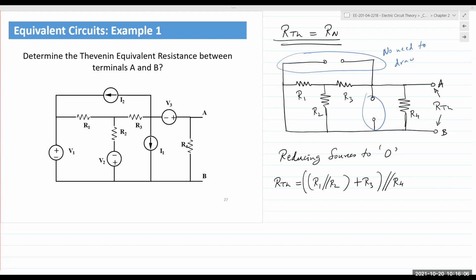Make sense? Easy enough? Again, this equation is not as important as setting it up correctly. Once you set it up correctly, then this would automatically follow.